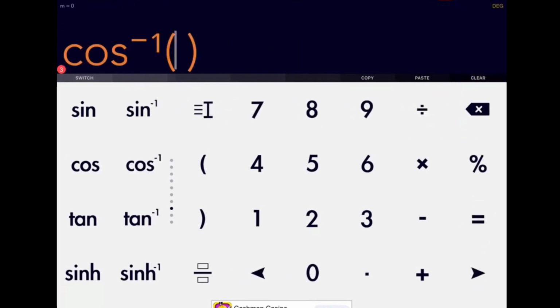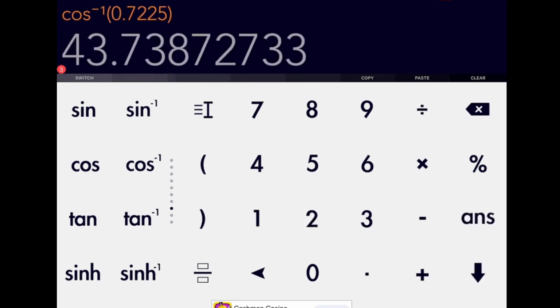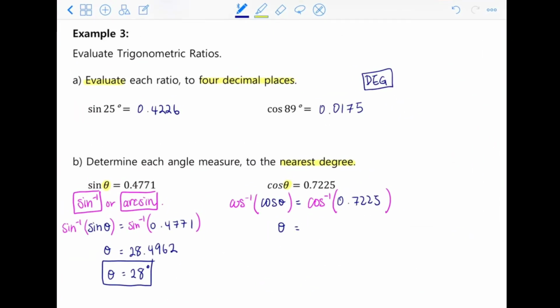So arc cos of 0.7225 equals 43.7387, and then I'll write that down first, 43.7387, and this rounds to 44 degrees, like that.